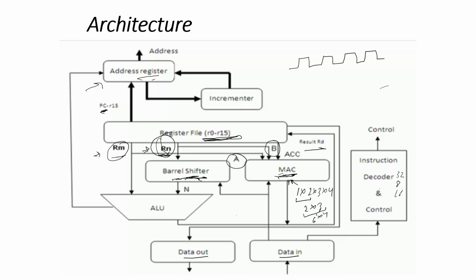It is very useful in association with the arithmetic logic unit for expression evaluation and address calculation. So this is all about the architecture, or we can say the core data flow model of the ARM processor.